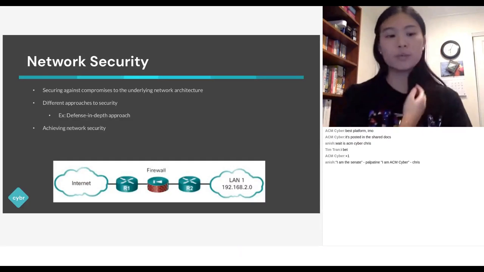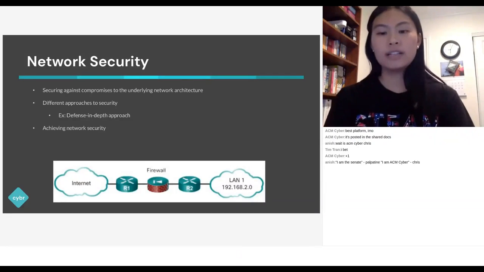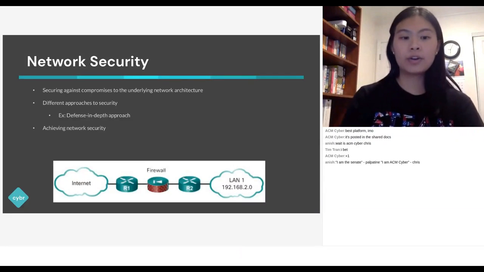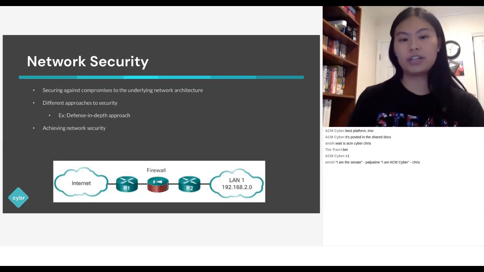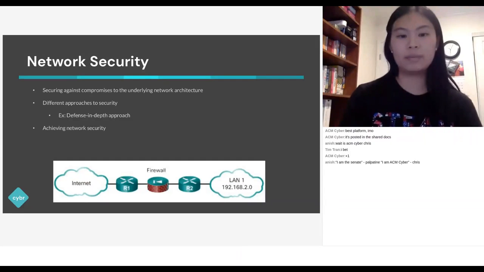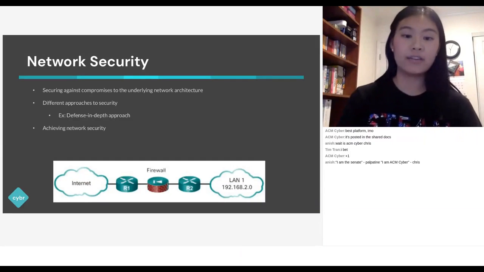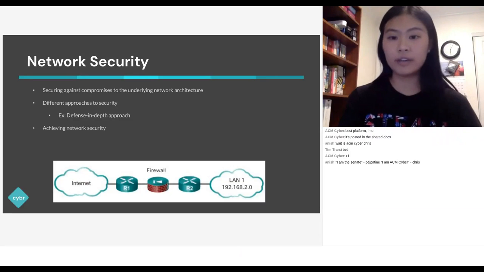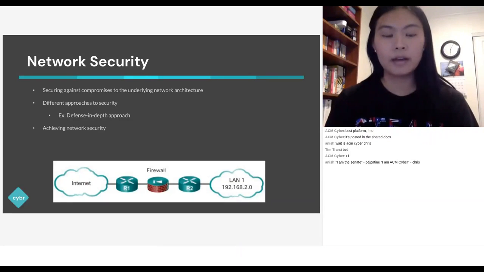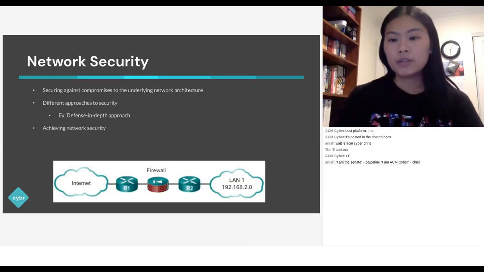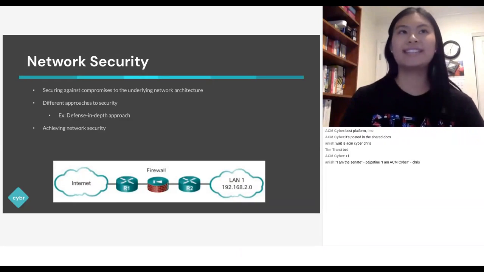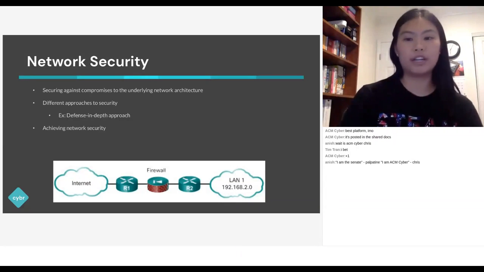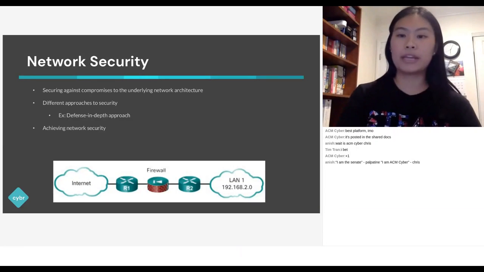If you've heard of the CIA triad or the AAA, those are the goals of network security. The CIA triad is confidentiality, integrity, availability. AAA is authentication, authorization, accounting. Achieving network security is a really broad topic, and there are a lot of ways to do it, but I'll just go over 3 mechanisms.